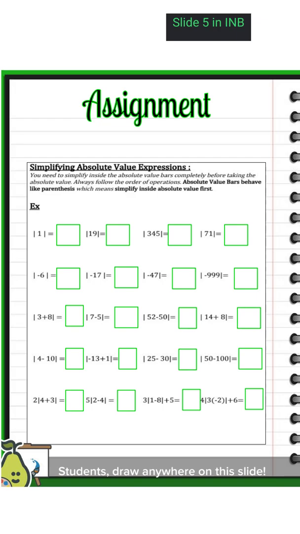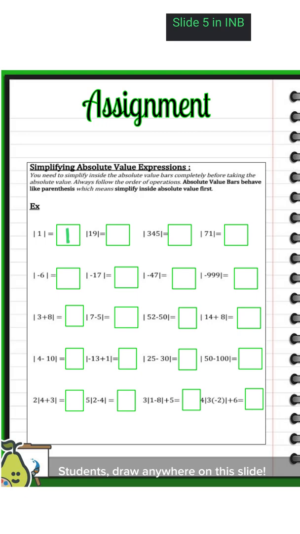So let's look at just this first line over here on the left, the first column. The absolute value of 1 is just 1. Remember, what's in your absolute value bars you need to simplify first, which is already simplified. When you take the absolute value of something, you're trying to find distance, and distance can never be negative.